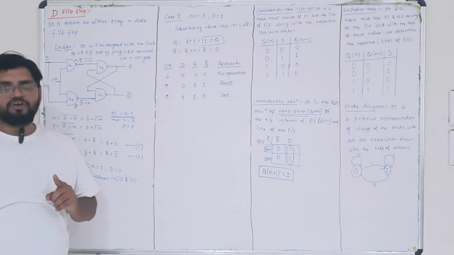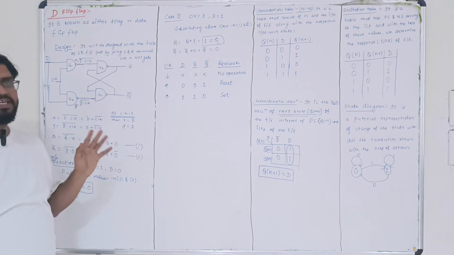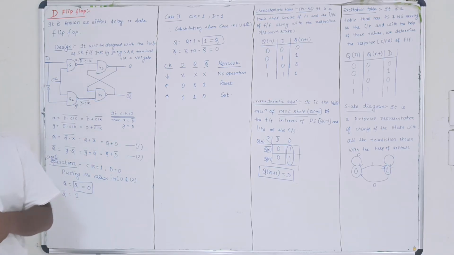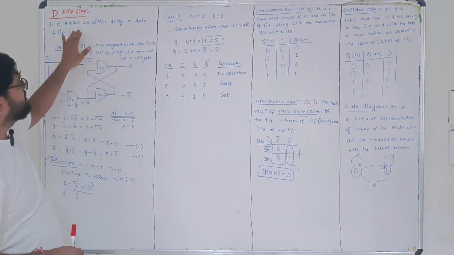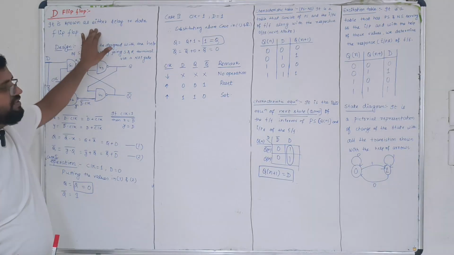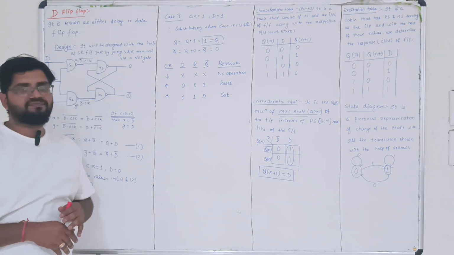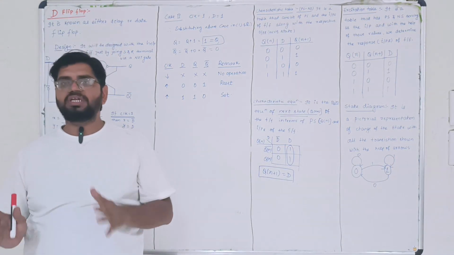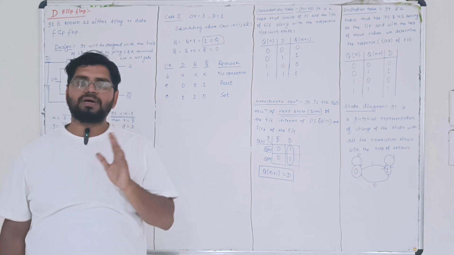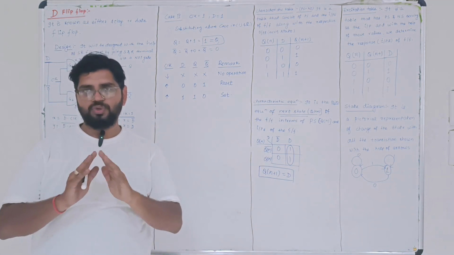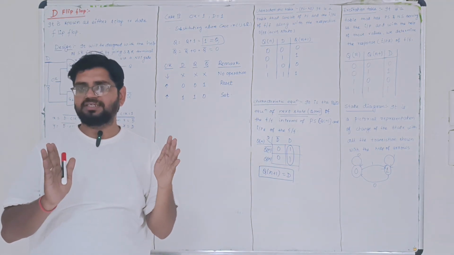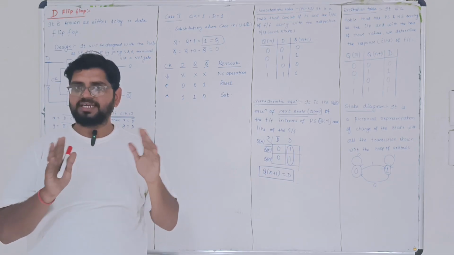Coming to D flip-flop, the first thing is what exactly D stands for. D stands for either delay or data. I mean, D flip-flop is called either a delay flip-flop or a data flip-flop. Why is it called a delay or data flip-flop? Because there is no migration from the input to the output. Only the delays are provided by the different gates present inside its design.